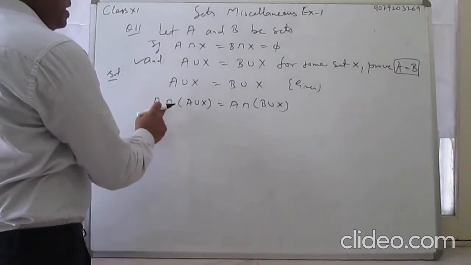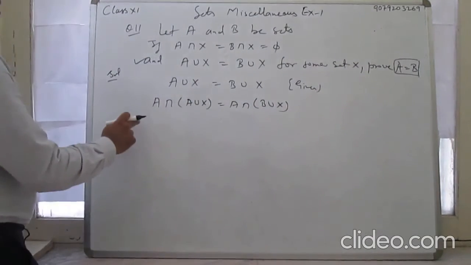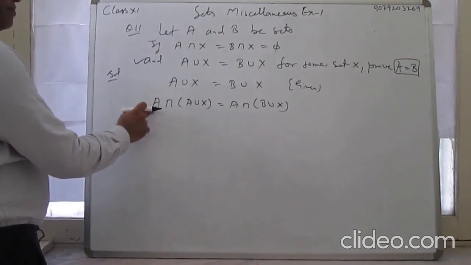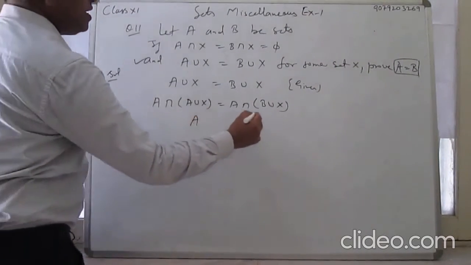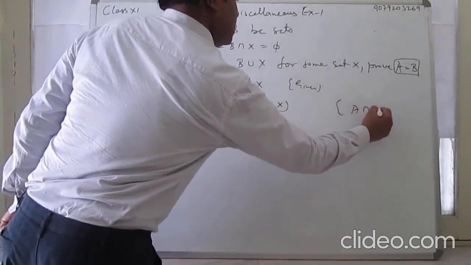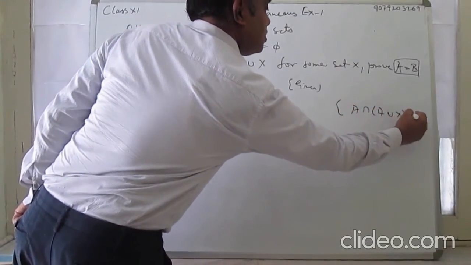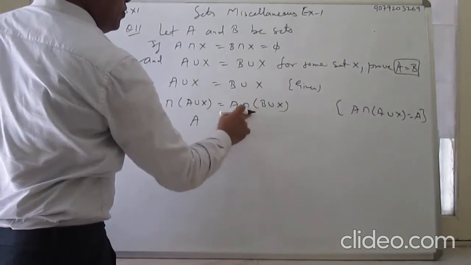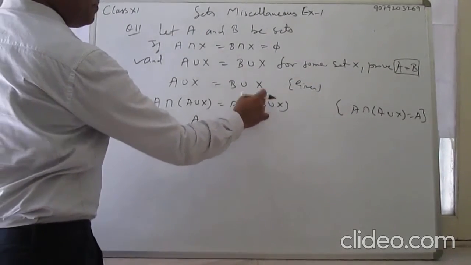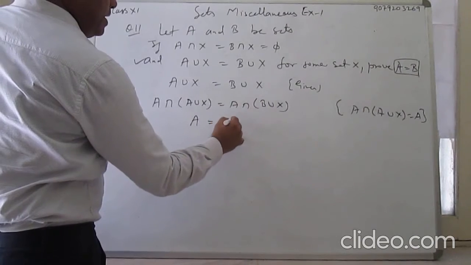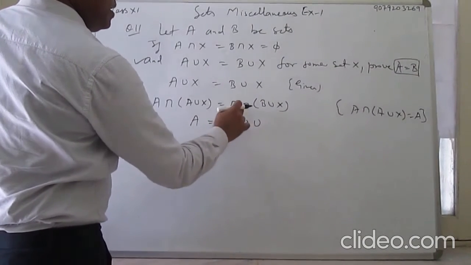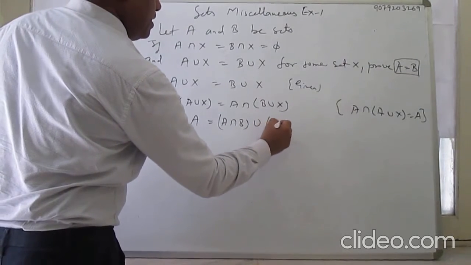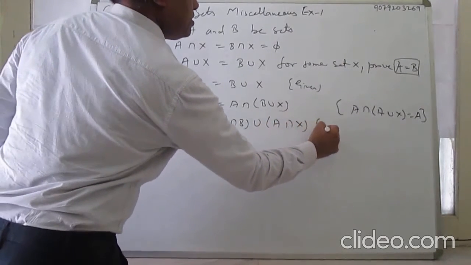Now what does A intersection (A union X) become? Instead you can write it using the distributive property, intersection over union: (A intersection A) union (A intersection X).